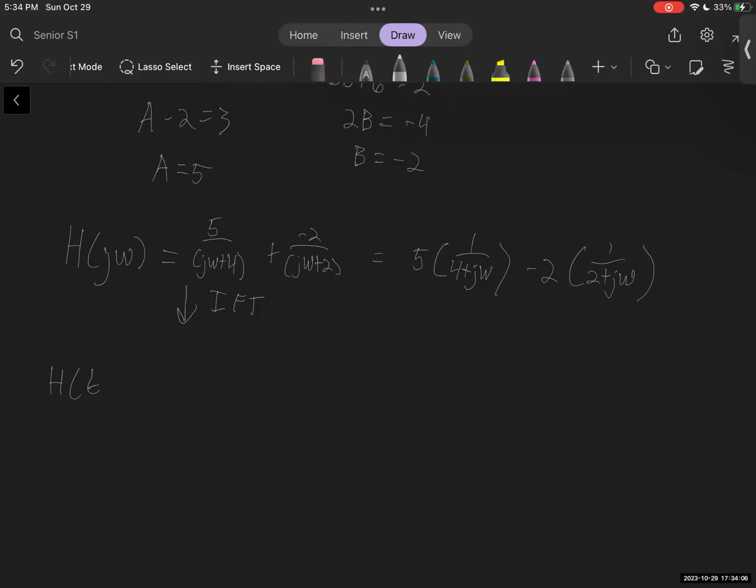So we're going to get h of t is equal to 5 times e to the minus 4t u of t minus 2 e to the minus 2t u of t. And that's going to be our answer for our impulse response.